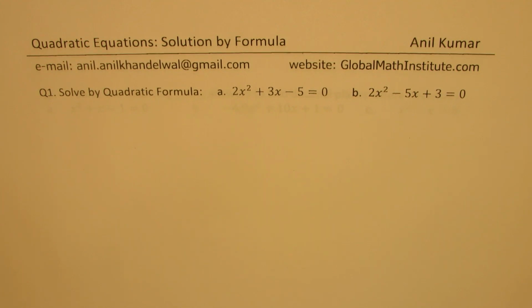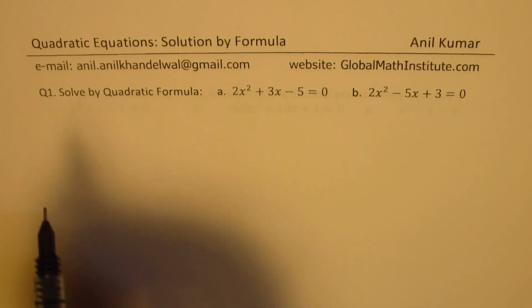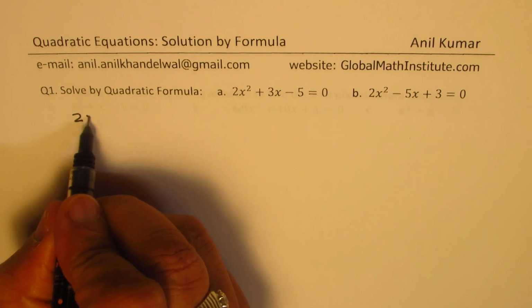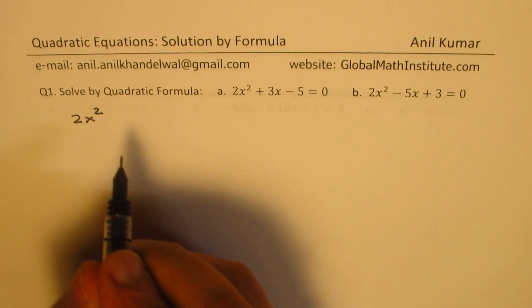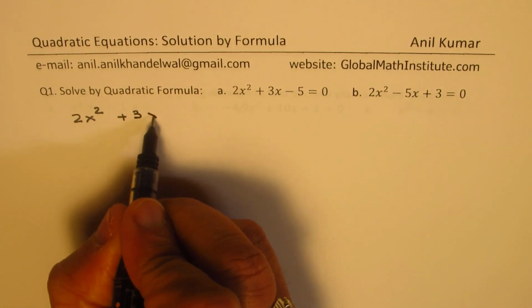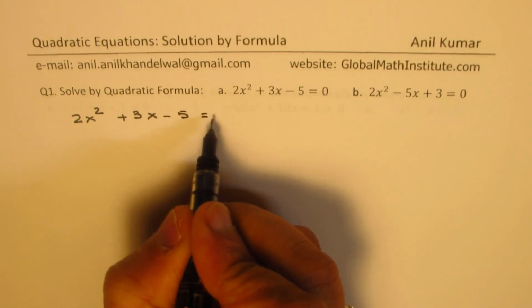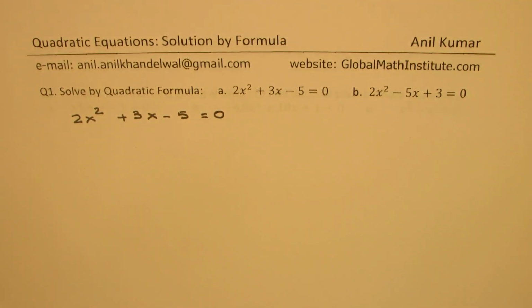Solve by quadratic formula A. The equation here is 2x squared plus 3x minus 5 equal to 0. Now let me remind you the quadratic formula.